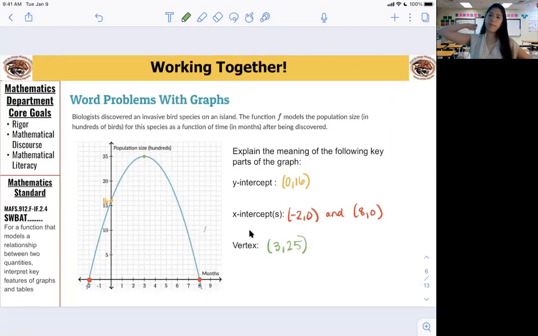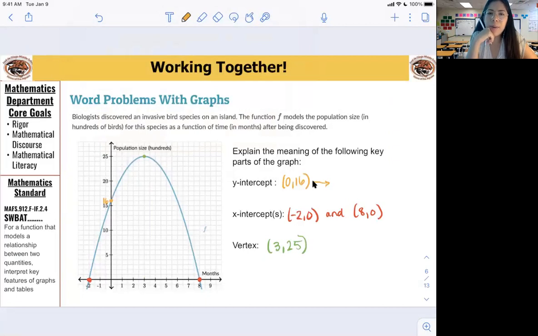Okay, now let's talk about it. So the y-intercept is 16. 16 what? What is it measuring? And you can look at its labeling.